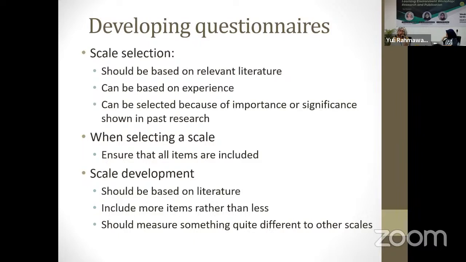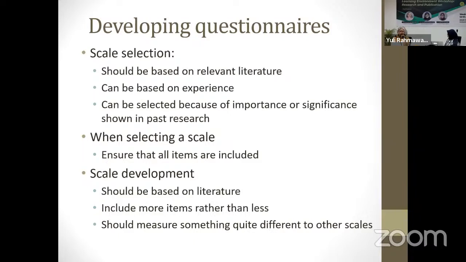These scales should be based on the literature, based on experience, and selected because of the importance or significance shown in past research. That means a scale which has high reliability and has given good results to past researchers, you can look into that.